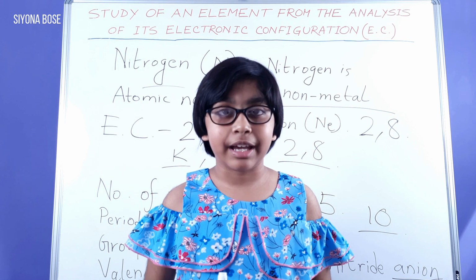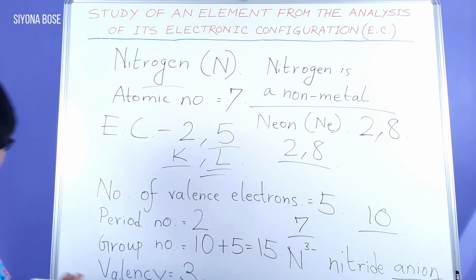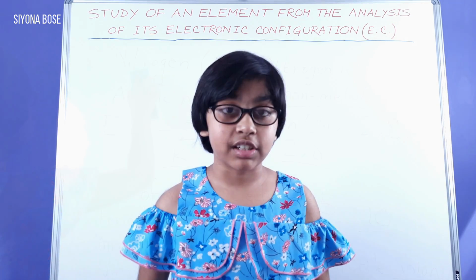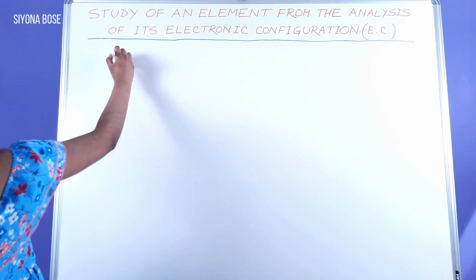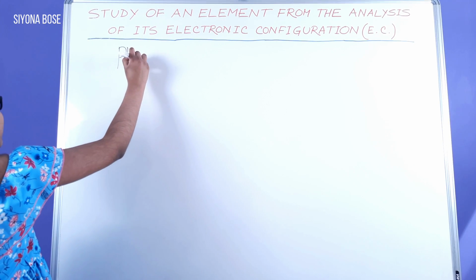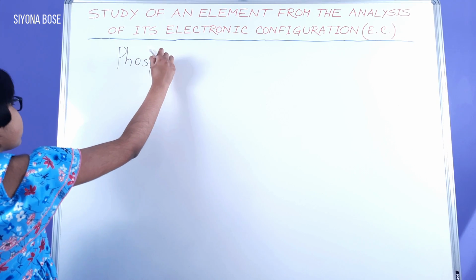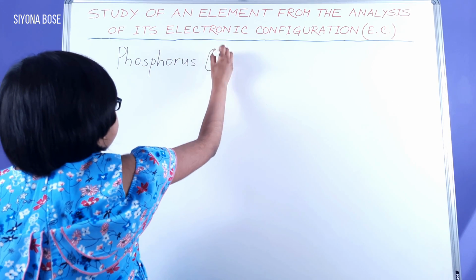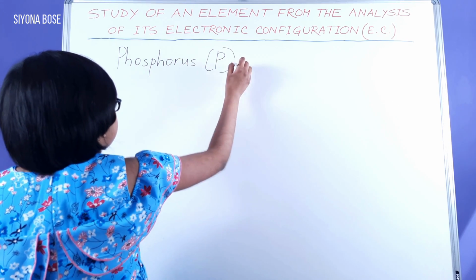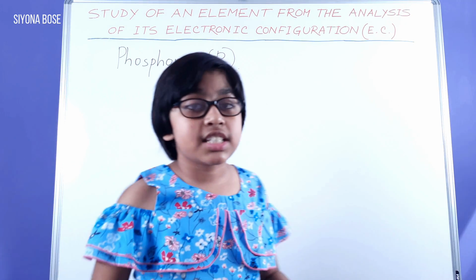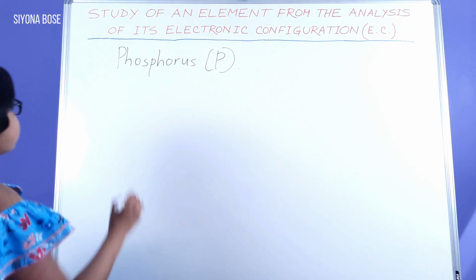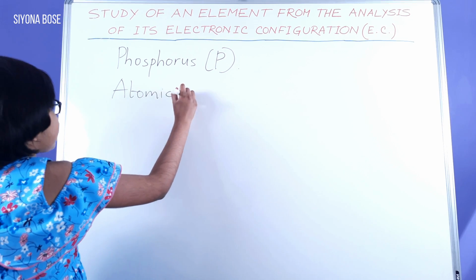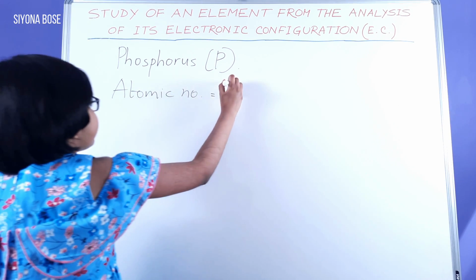Now we will talk about phosphorus. Phosphorus, P. First, atomic number. Atomic number is 15.